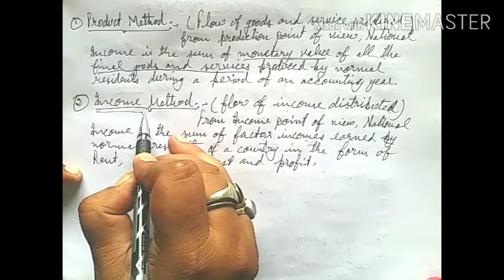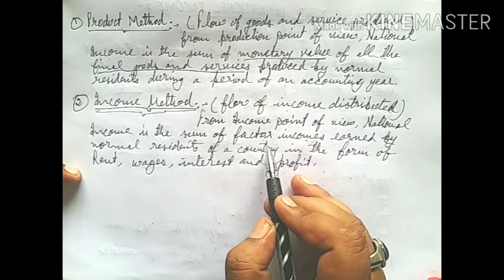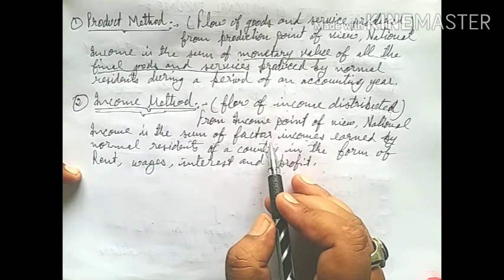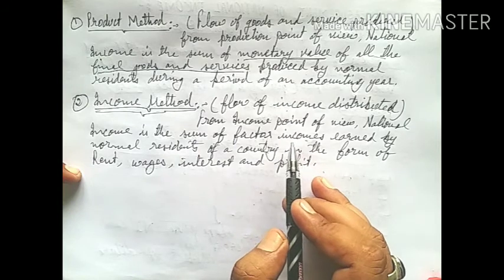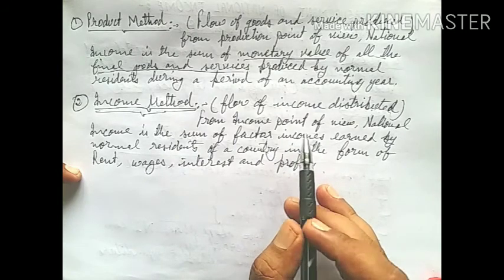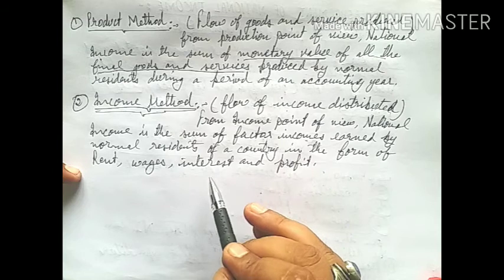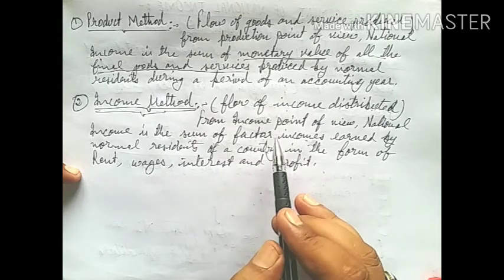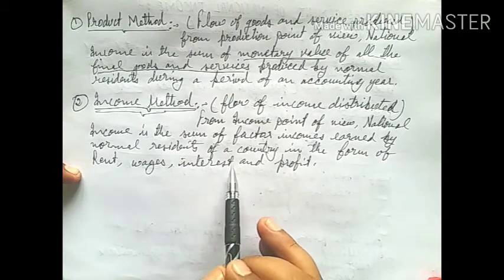So in income method, students, we mainly consider the income which was distributed to the factor of production in the form of rent, wages, interest, and profit.